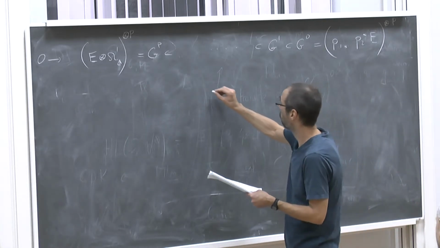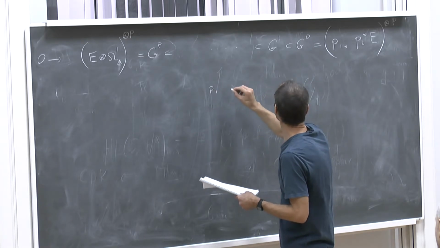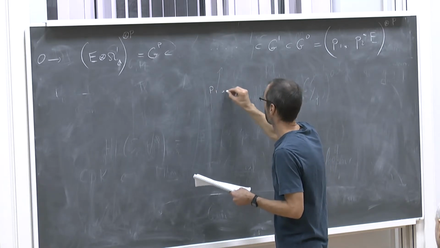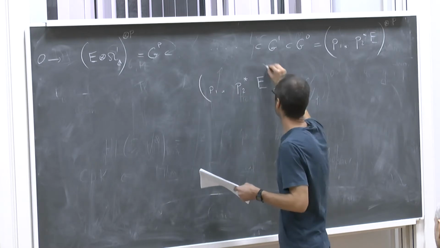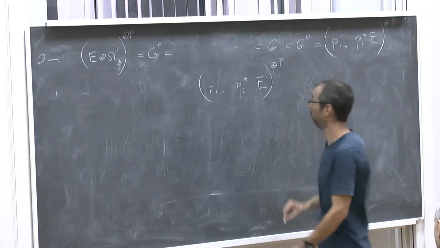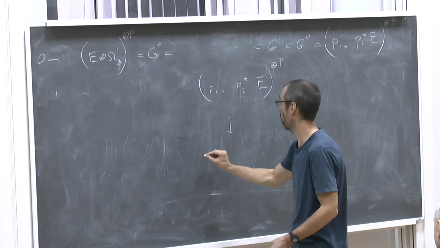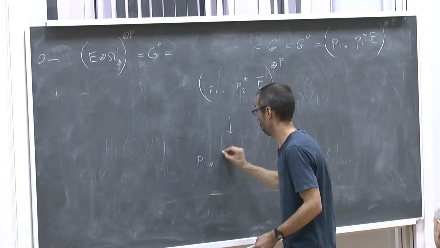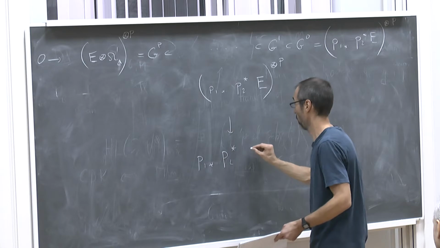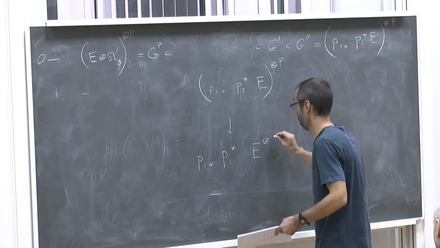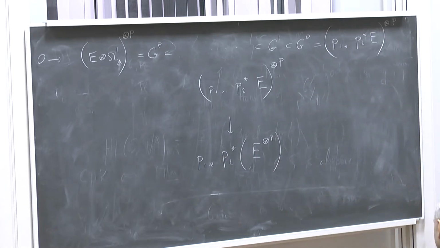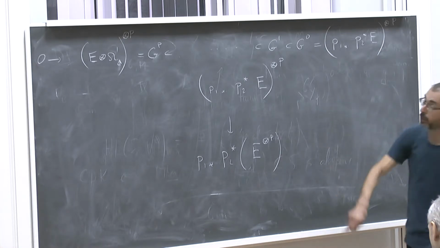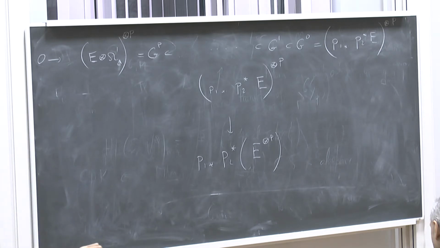First of all, I have a map from E1 star, E2 upper star, E to E upper star, E. An obvious map like this.